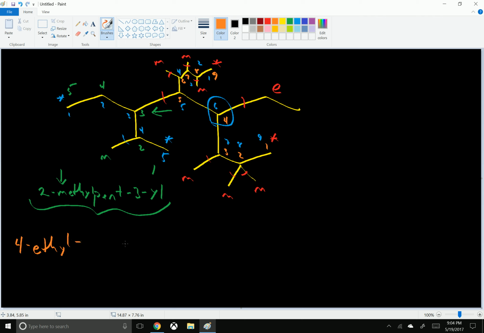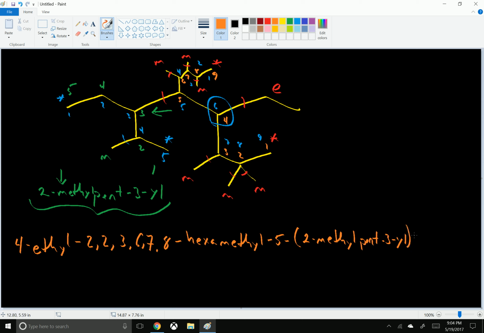So it's going to be 2,2,3,6,7,8-hexamethyl-5-(2-methylpent-3-yl)nonane. Nonane because there are 9 carbons in the main chain.